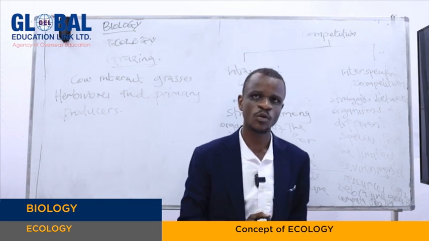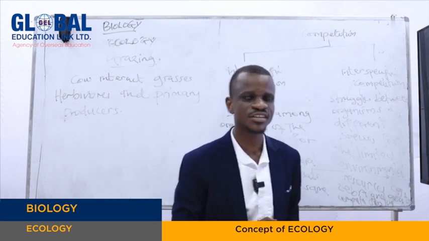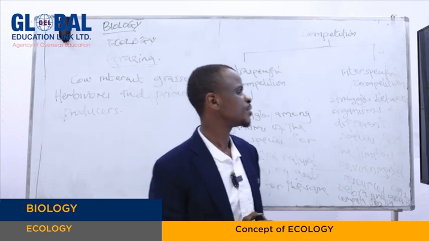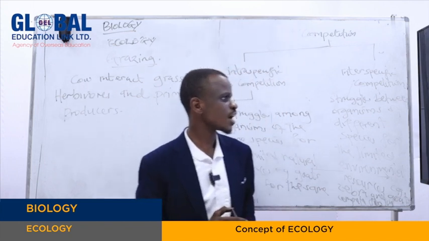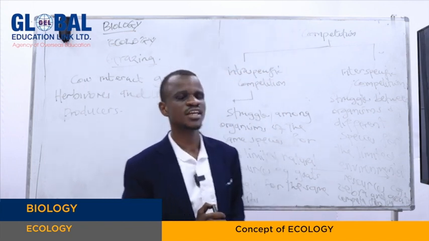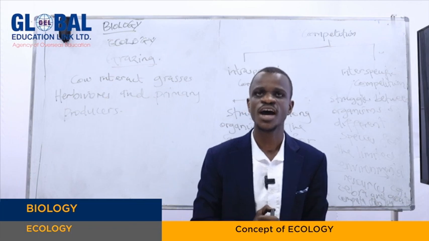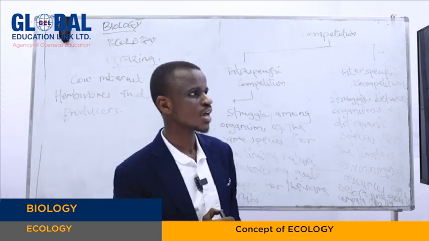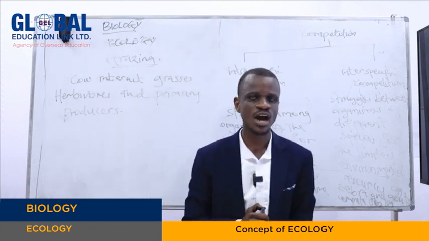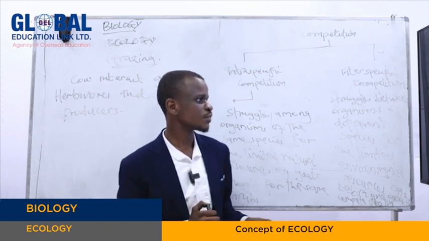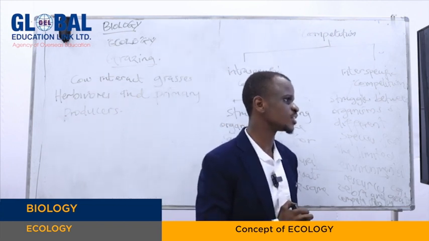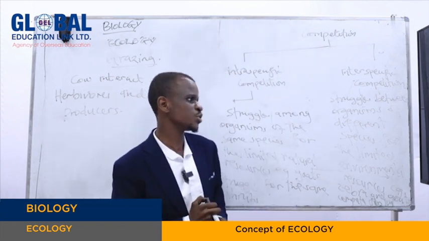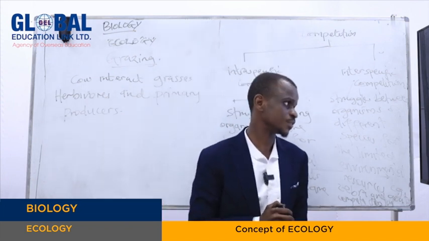The rate of global warming will increase. Why? Because producers are carbon sinks. They take carbon dioxide from the atmosphere. Carbon dioxide is a greenhouse gas. Therefore, it will accelerate the rate of global warming once producers are removed.